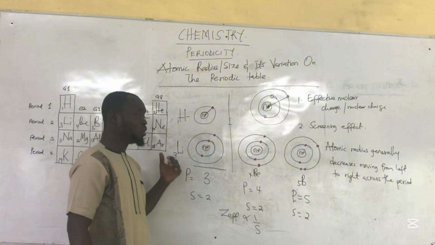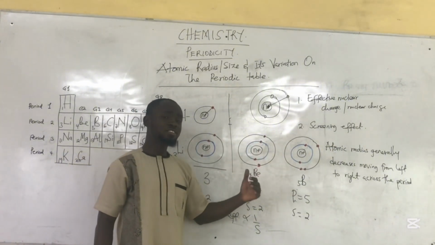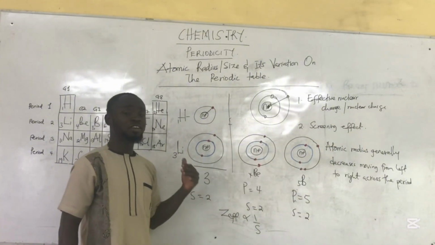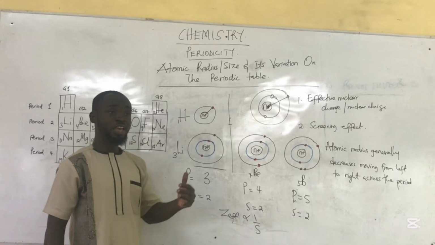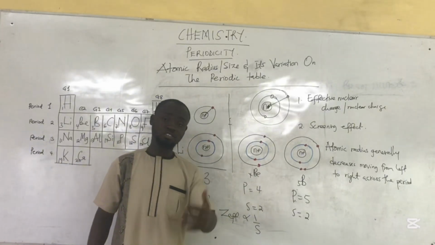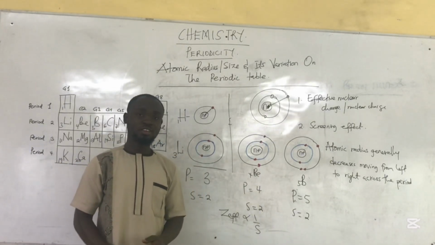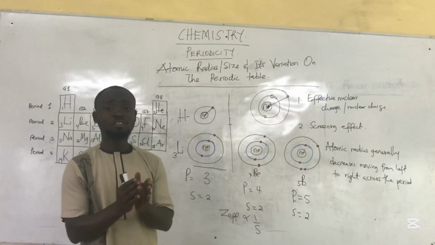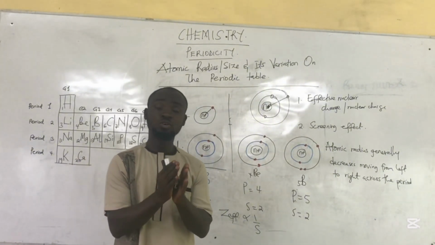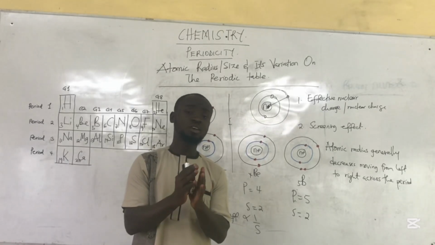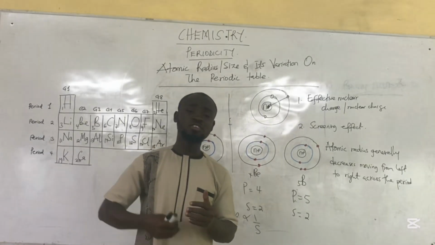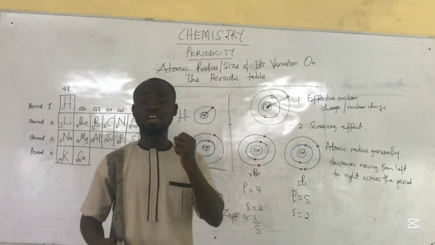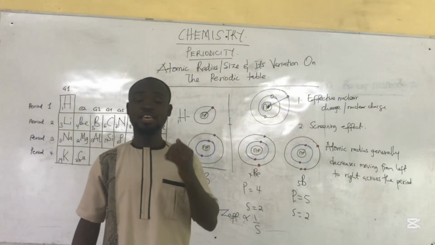So over here, we use the increased number of protons, which brings about an increase in attraction and effective nuclear attraction. Is that okay? So generally, across the period, the radius of the atom decreases because the screening electrons are kept constant, but the number of protons increases, and this increases the nuclear attraction for the valence electrons.